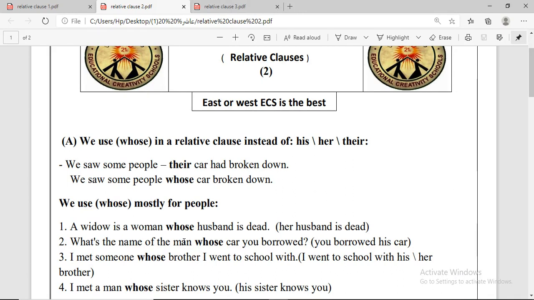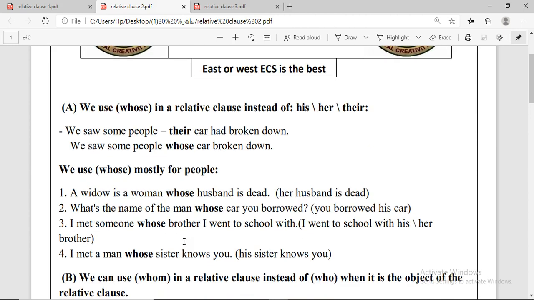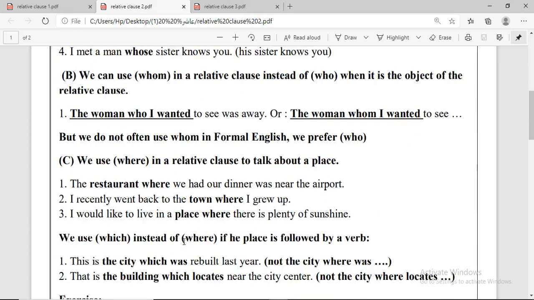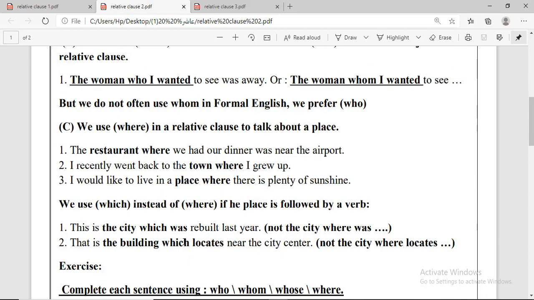Who for people, which for things, whose for possessive, and where for place. But the important thing about where is we can use which instead of where if the place is followed by a verb. But if it is followed by a subject or a noun, we use where.